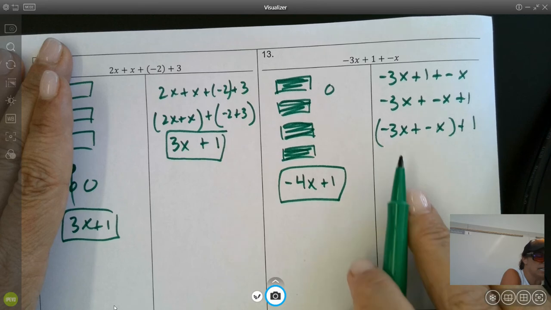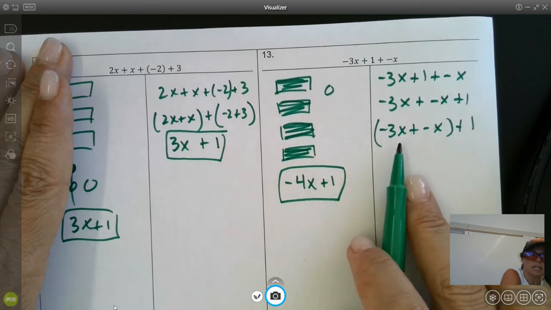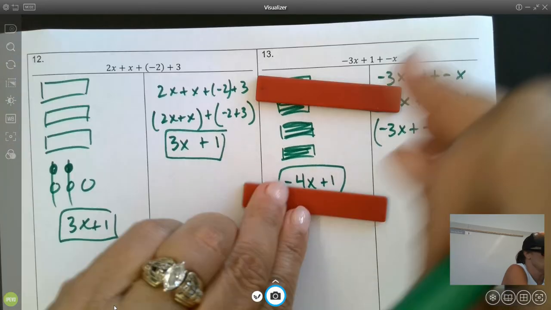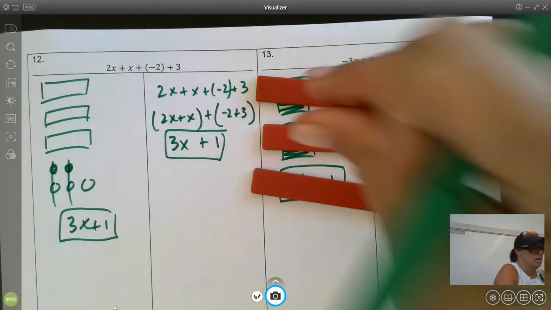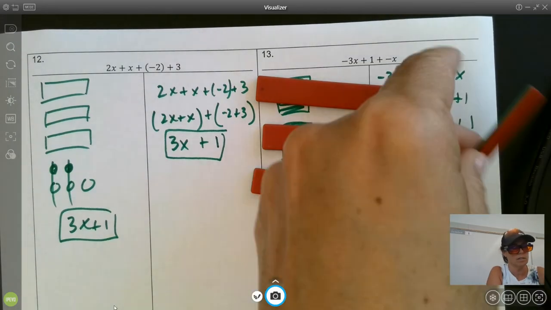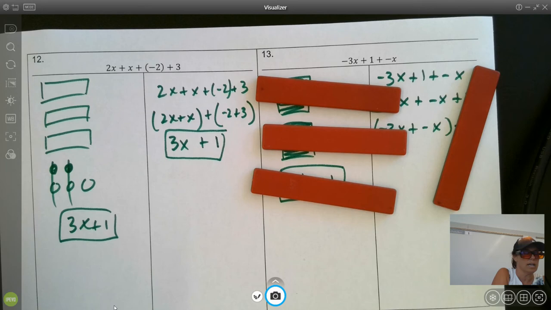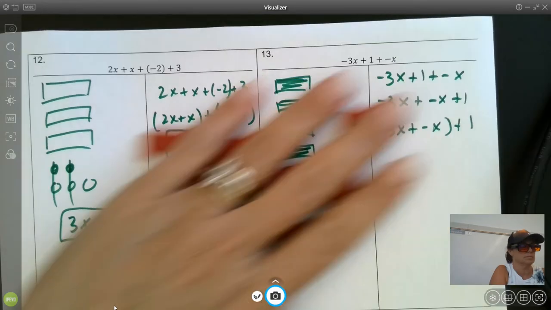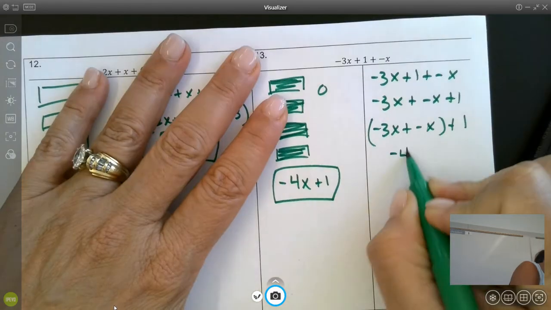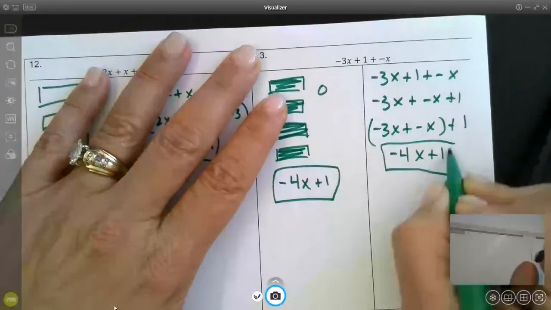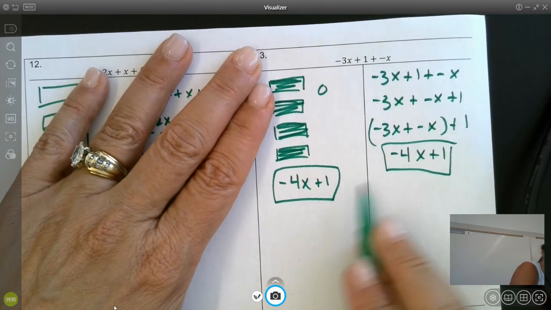And then a negative 3 x's and a negative x. If I had 3 negative x's and another negative x, wouldn't I have 4 negative x's? Same answer as I got here using the tiles.